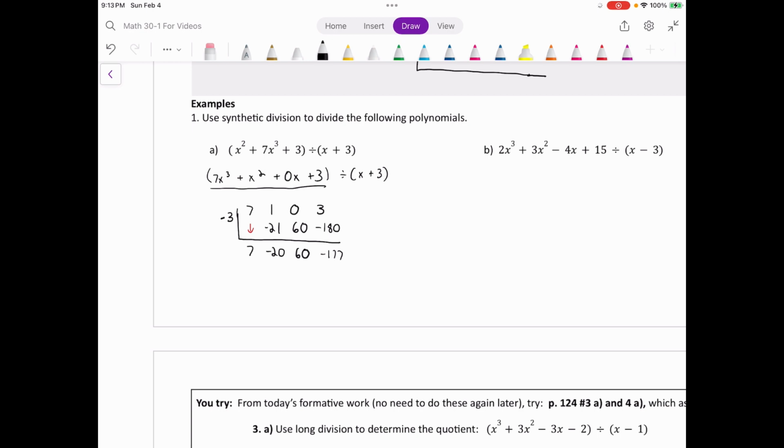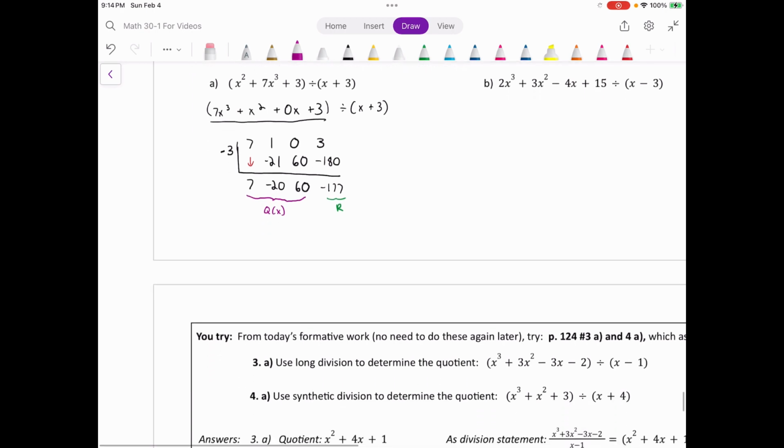Okay, so again, we have to know how to interpret this now. That last one, that's our remainder, which means these represent the coefficients of my quotient. And it always starts from, again, remainder, and then constant, the x term, the x squared term, right? If there was another one, it would be the x cubed, the x to the fourth, and on, but it stops at 3 here. So these represent the coefficients on the quotient.